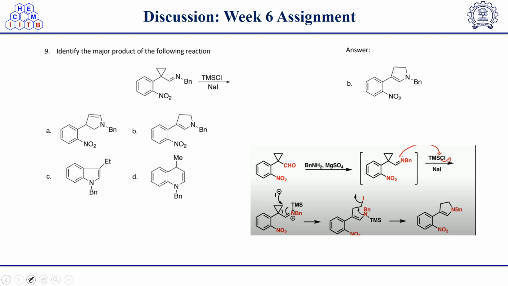So I hope it is clear. That is what is happening in this reaction: this TMS iodide mediated ring opening of the cyclopropane ring, and then again ring closing to get this rearranged product.